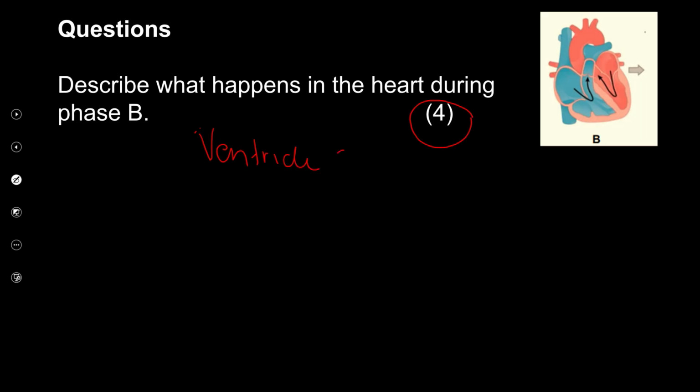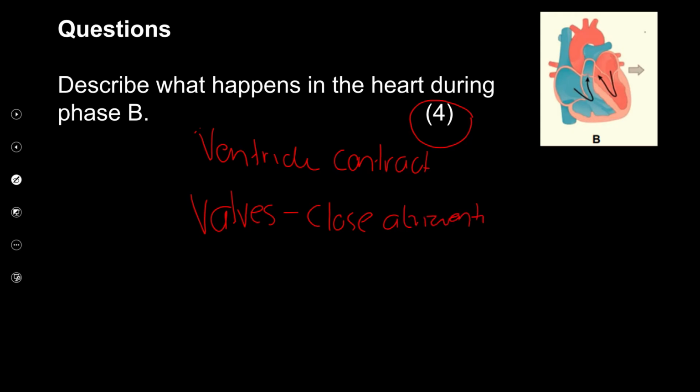They're going to contract. You're going to tell me what the valves do. They are going to close. Which ones? The atrioventricular. Right, and what else are you going to tell me over here? You're going to tell me that the blood is going to move upwards.